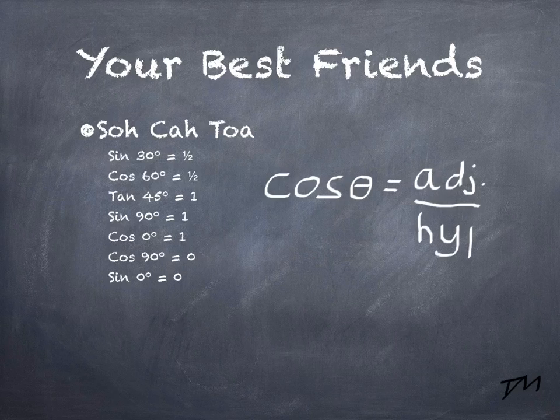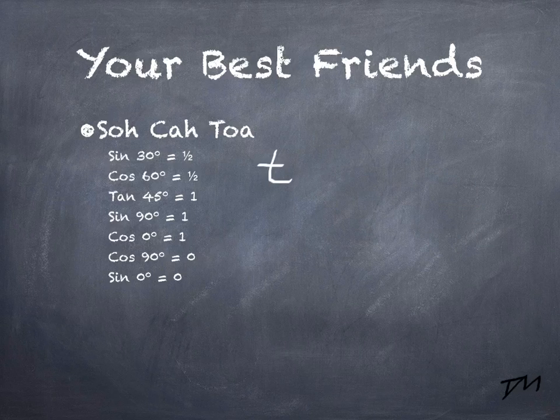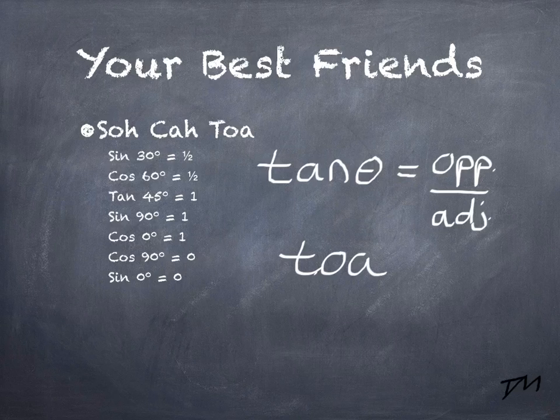Cosine, or the CAH in SOH CAH TOA, is adjacent over hypotenuse. The side adjacent to the angle divided by the hypotenuse is equal to the function cosine theta. And the TOA is tangent equals opposite over adjacent. The ratio of the sides that are perpendicular to each other is equal to the tangent of the angle.